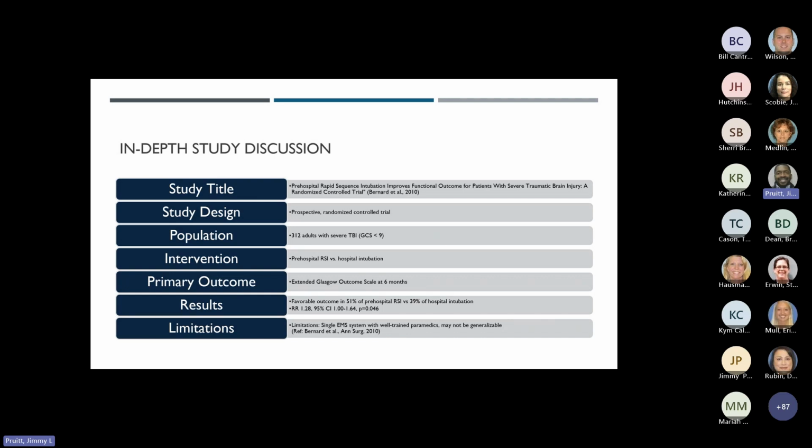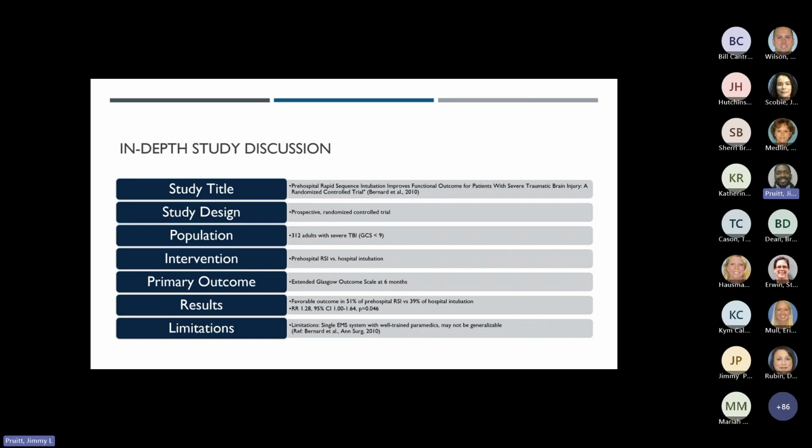What they showed was favorable outcomes at 51% in the pre-hospital RSI group compared to 39% of the hospital intubations, with a relative risk of 1.8. There were some limitations: this was a single-center EMS system with well-trained paramedics, which may not necessarily be generalizable to all patients in all environments.